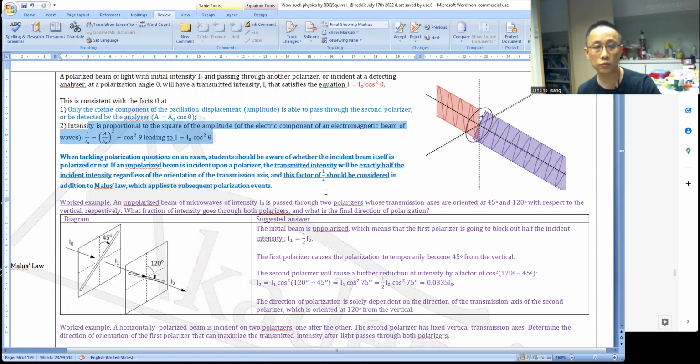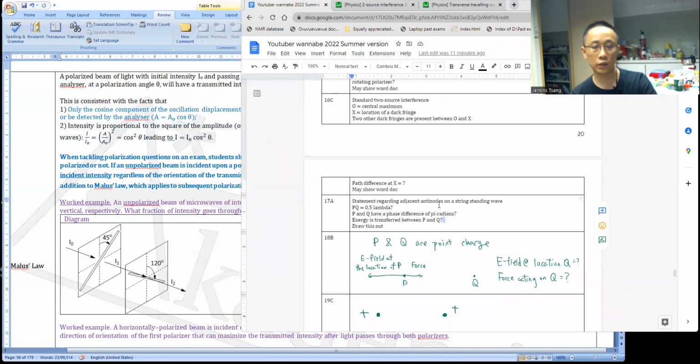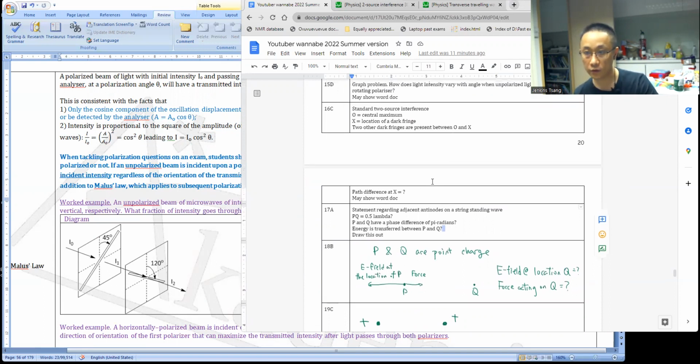In those cases, the cosine graph will then be correct. But for this particular question, with only one polarizer and a beam of light that begins unpolarized, you just get constant intensity regardless of the angle of polarization. So question 15 is D.